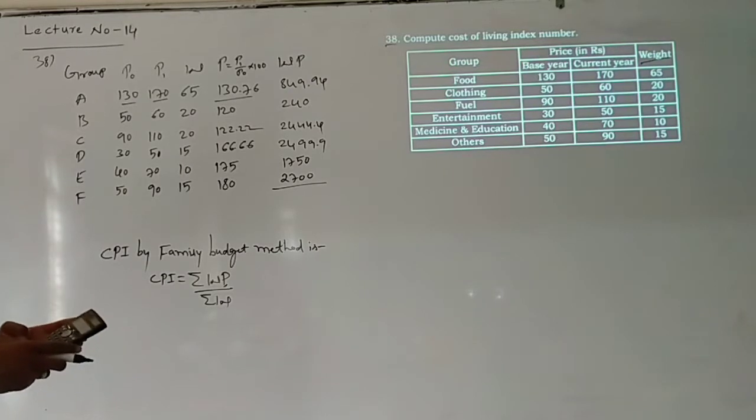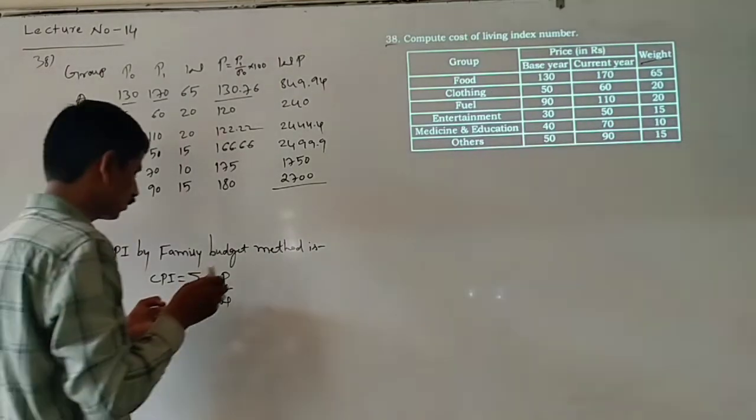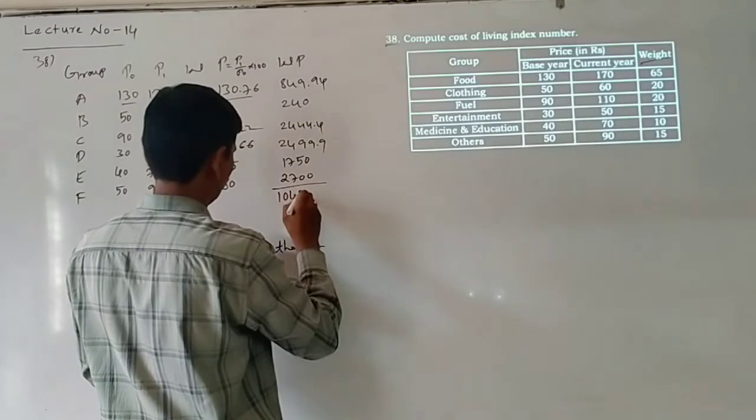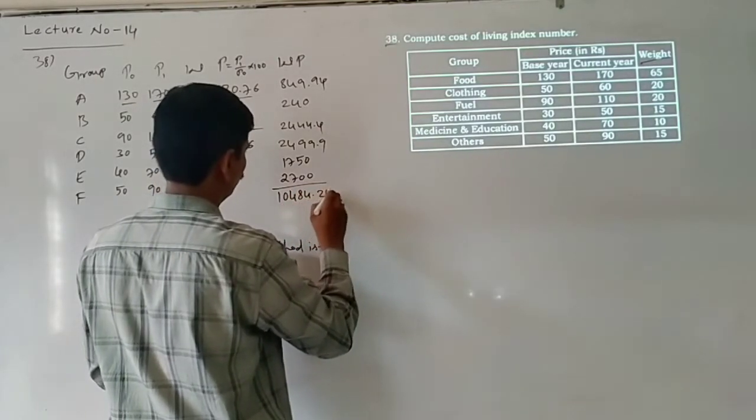The next we want sum of WP: 849.94 plus 2400 plus 2444.4 plus 2499.9 plus 1750 plus 2700 is 10484.24.